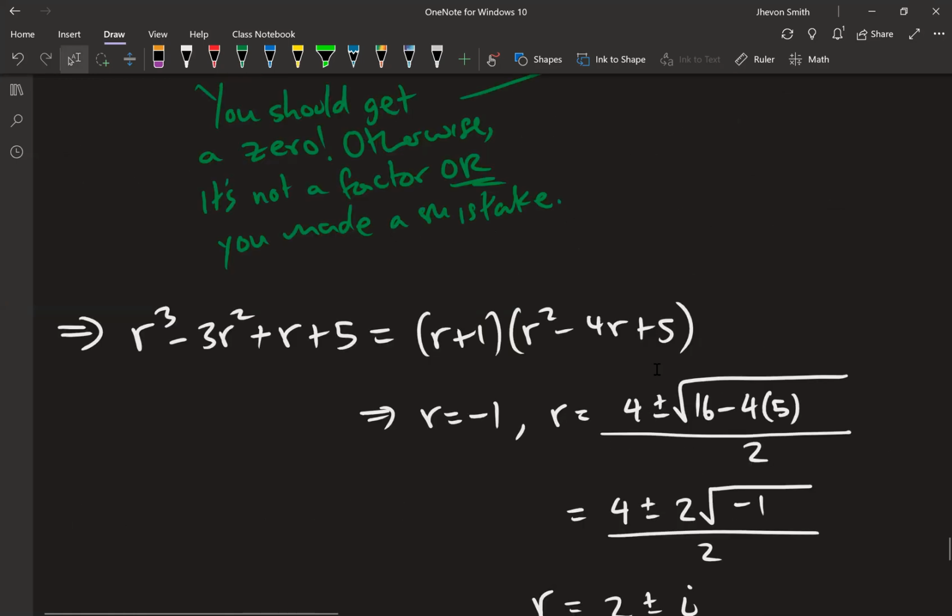So yes, but that's how you'd go about factoring and then finding the roots.